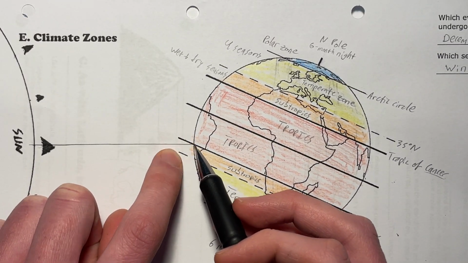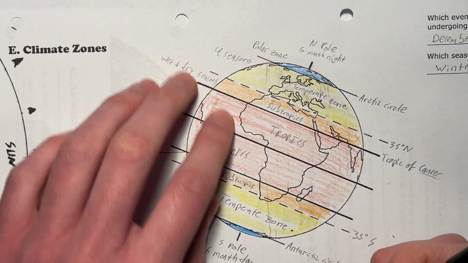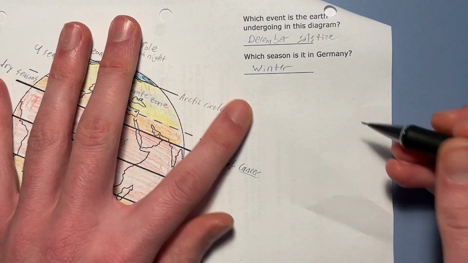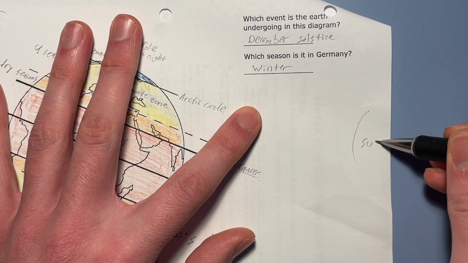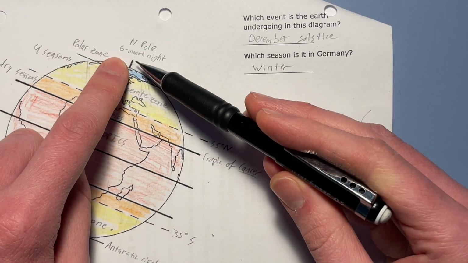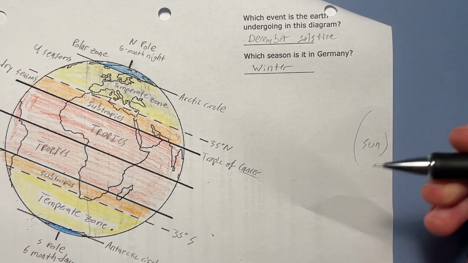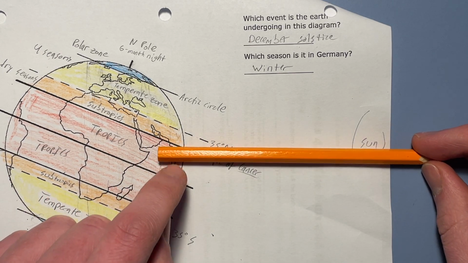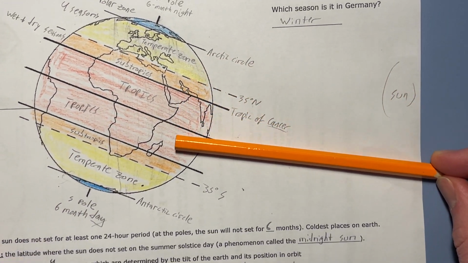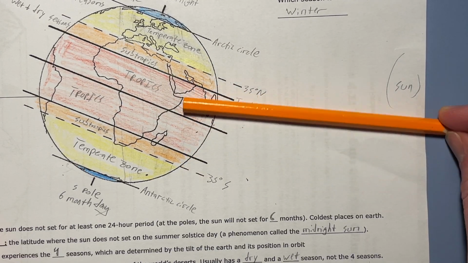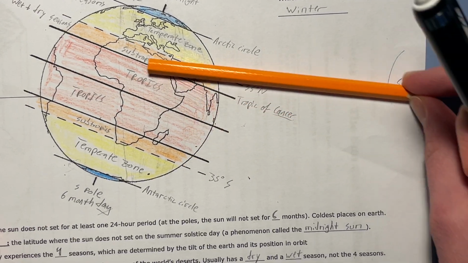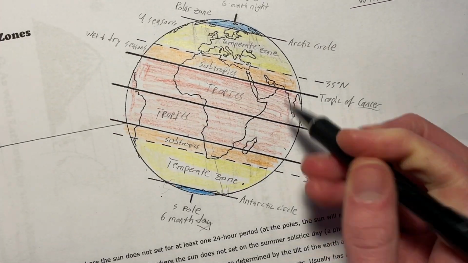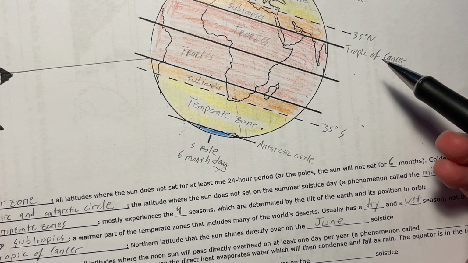And what happens is as the Earth rotates around the sun, if I were to move the Earth around and then we would be on the other side of the solar system, and let's say the sun were over here, and so then it would be summer up here, then the sun would shine directly over this latitude right here, the Tropic of Cancer. So as I move throughout the year, the sun shines directly overhead in between these two lines. Whether it's shining right over here or right over here, this area just gets the most direct sunlight throughout the whole year. That's what you need to know.